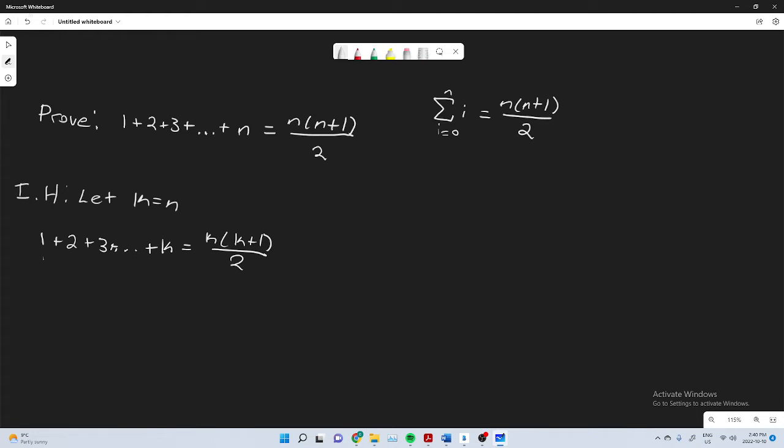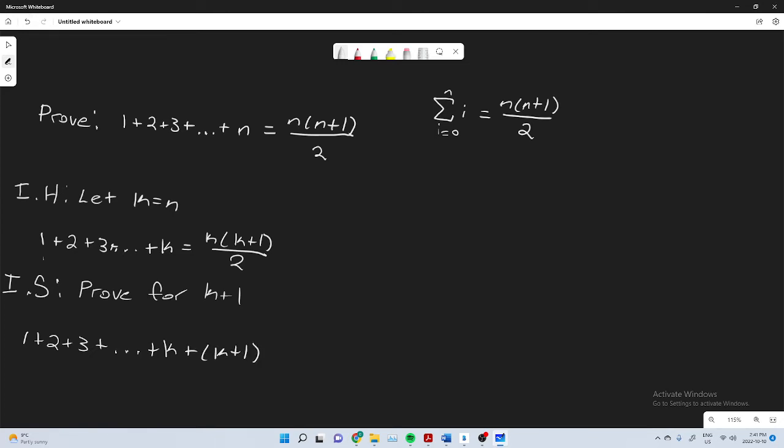And so now we want our inductive step. The inductive step is this: we want to prove it for k plus 1. So we're going to take our original hypothesis, I suppose, and we'll do 1 plus 2 plus 3 plus dot dot dot plus k plus 1.